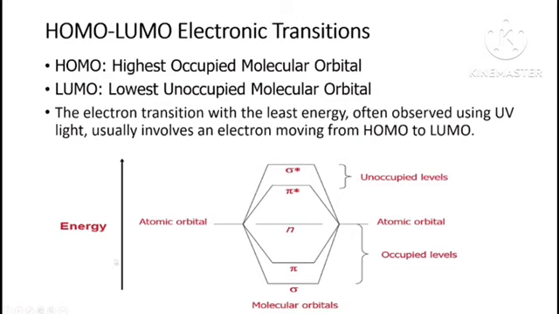Follow the cursor very well. Look at the energy bar. This big arrow pointing upwards is the energy level. So from down to top, that is how the energy increases. The bottom of the arrow is the lowest energy, and the tip of the arrow is the highest energy.